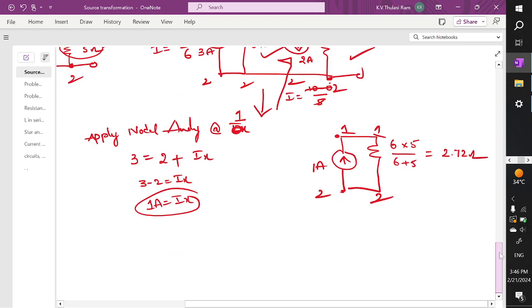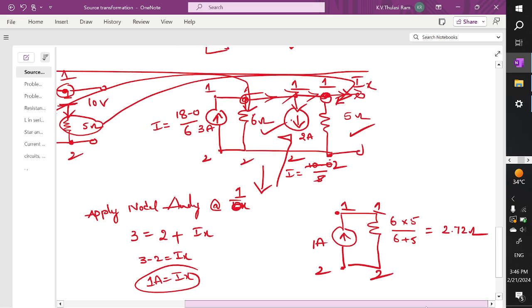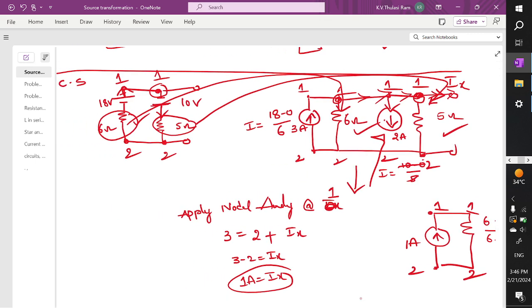This is one kind of problem. Hope you are able to understand the problem. I converted between the nodes 1 and 2. This is a practical voltage source, I converted into a current source. For these two current sources, I am finding the resultant current by using nodal analysis.